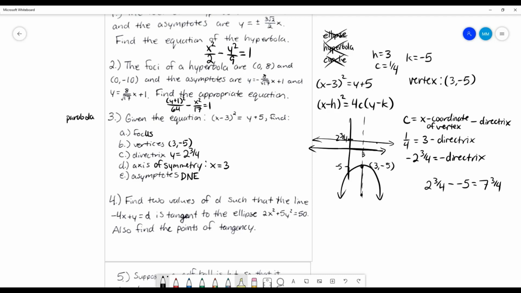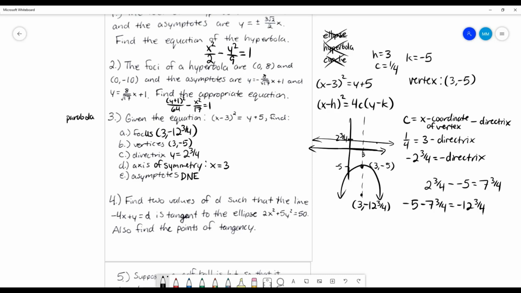So this distance has to be the same, which means I take negative 5 minus 7 3/4 to get a focus at (3, -12 3/4). There is our focus.